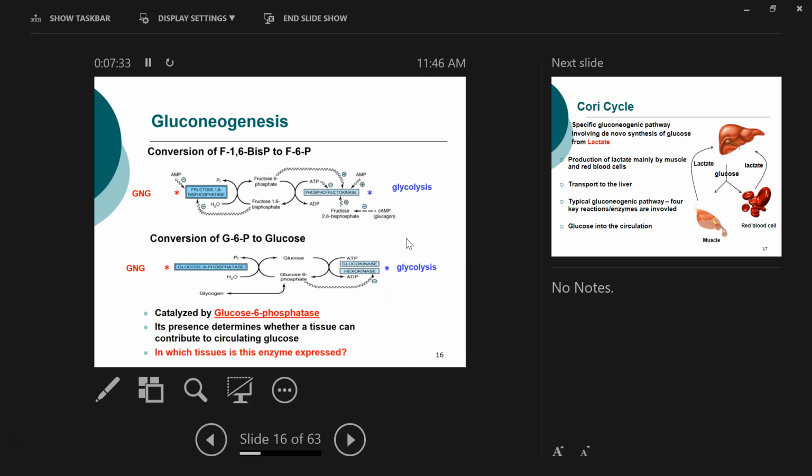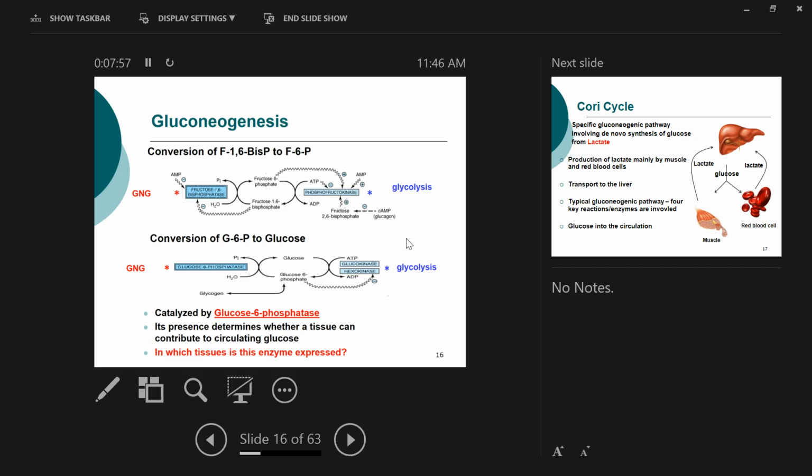The right side is the glycolysis reaction, and the enzyme involved in glycolysis is phosphofructokinase, which catalyzes the conversion of fructose 6-phosphate to fructose 1,6-bisphosphate.